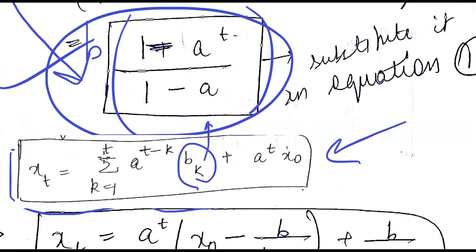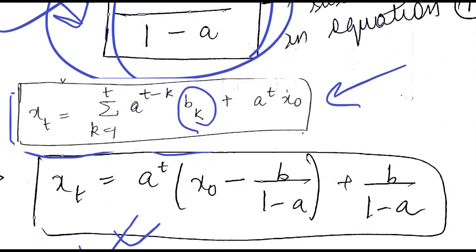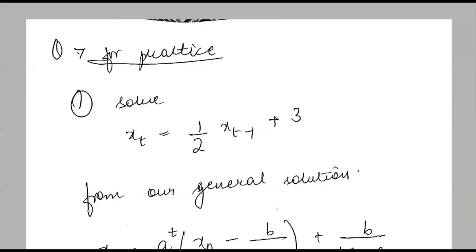A b came out, and this thing became this. So this entire thing here became b into 1 minus a to the power t upon 1 minus a, plus a to the power t into x naught. Here, if I solve that part, I'm going to get this. So the final solution for the difference equation would be this.